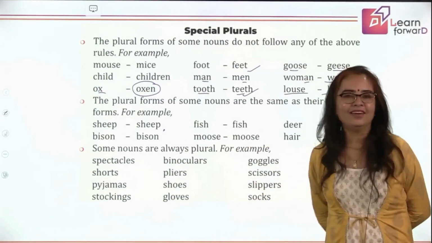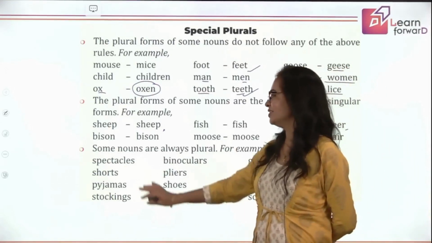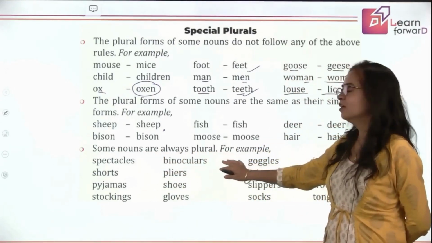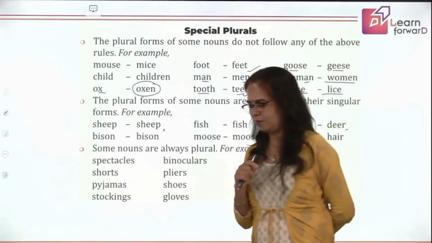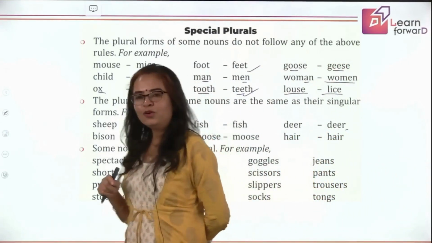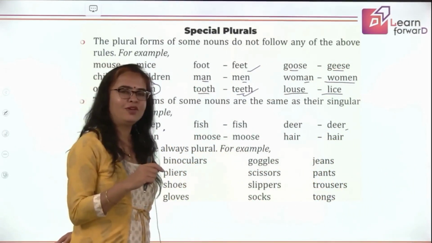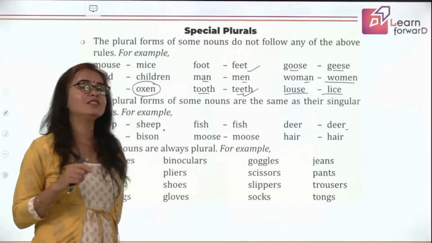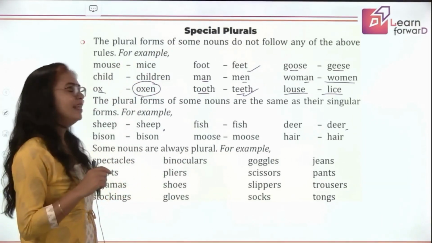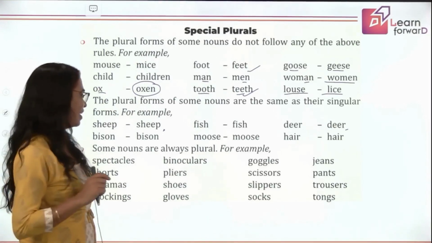Now very interesting. Next is there are some nouns which are always used in plural. And you know, it will be very interesting for you to know why do we always use them in plural. Let's first read the words carefully.